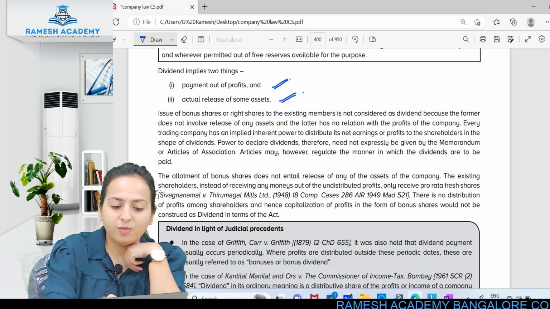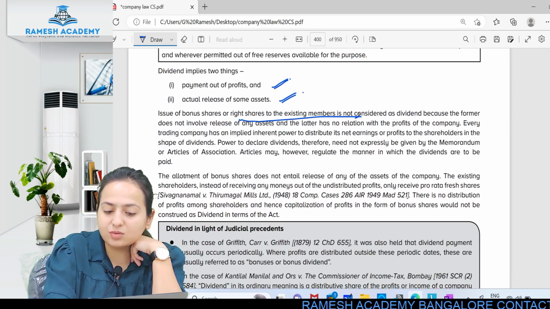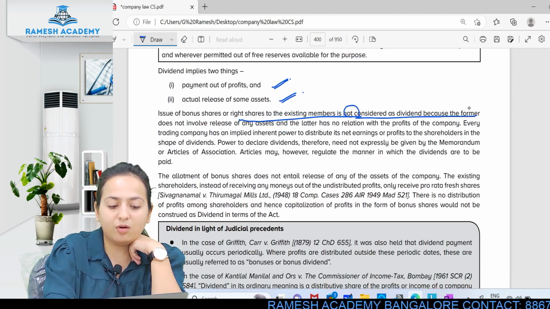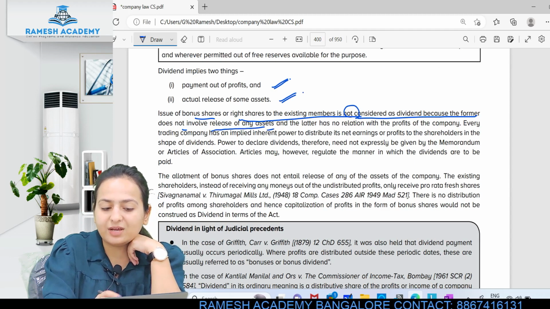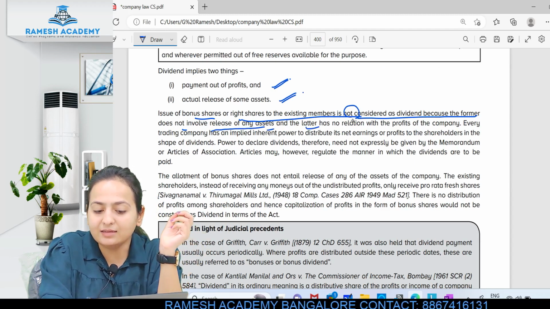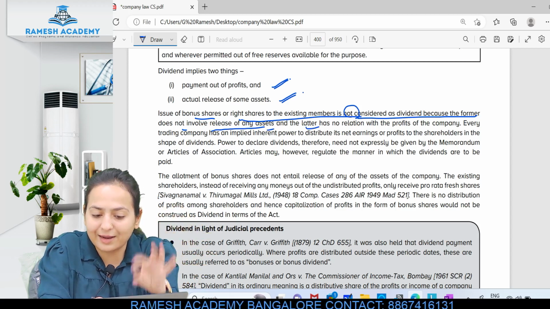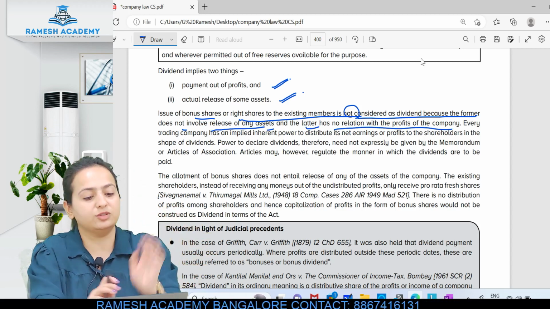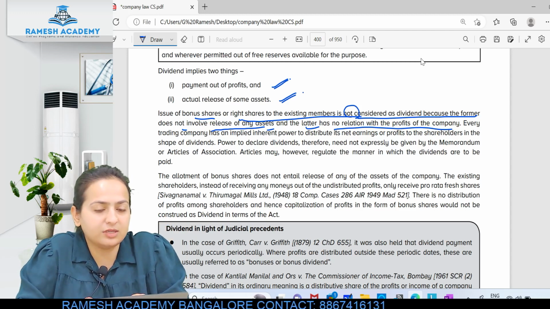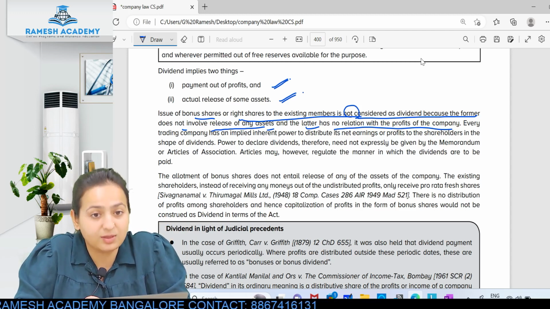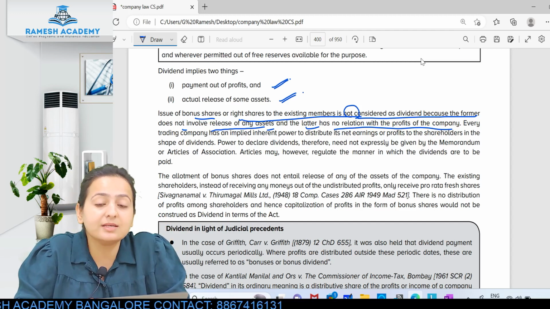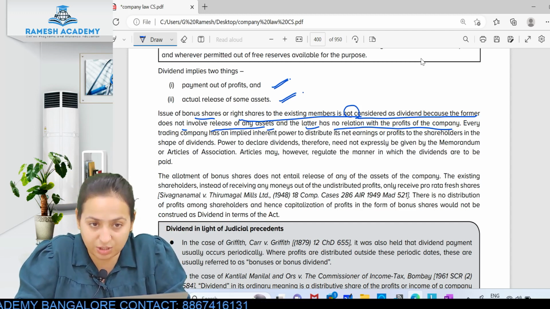So issue of bonus shares or right shares is not considered as dividend, because issue of bonus shares does not involve the release of any assets, and the latter, which is called the right share, has no relation with the profits of the company. We have studied about the right shares, that is, which are available to the existing shareholders.